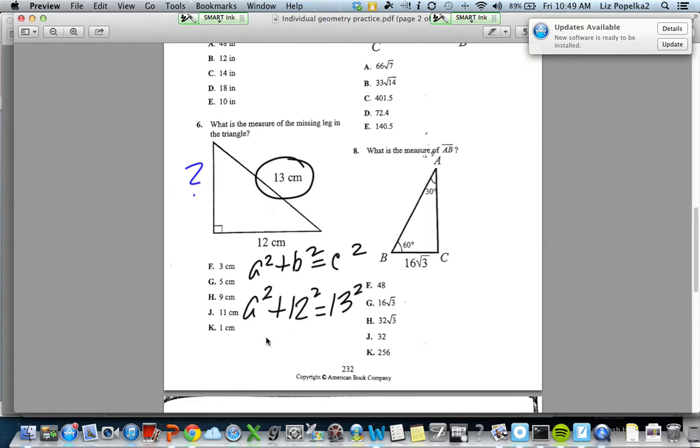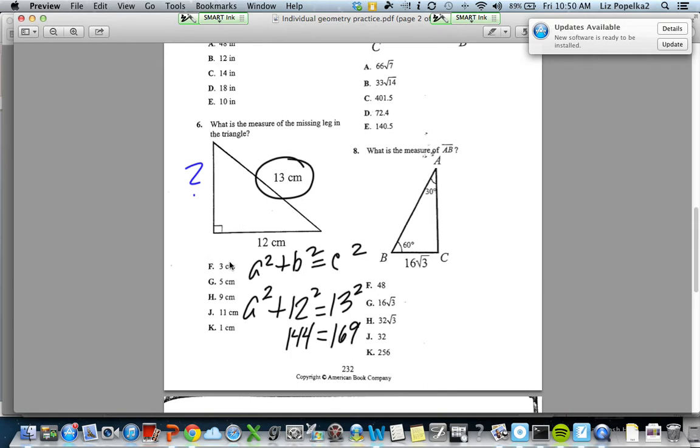So I'm going to put 12 to the second power in my calculator. That's going to give me 144. I'm going to put 13 to the second power in my calculator. That gives me 169. So whatever this number squared is, plus 144, it's got to equal 169.